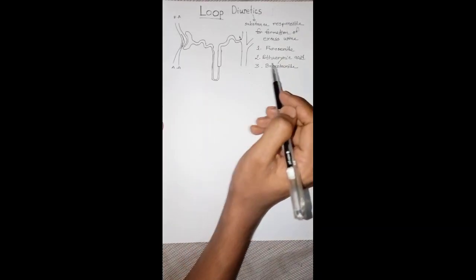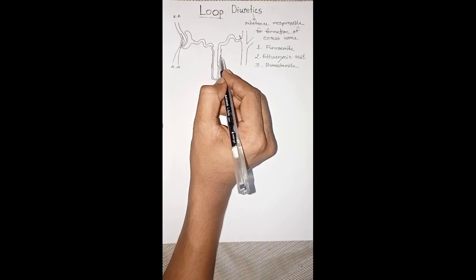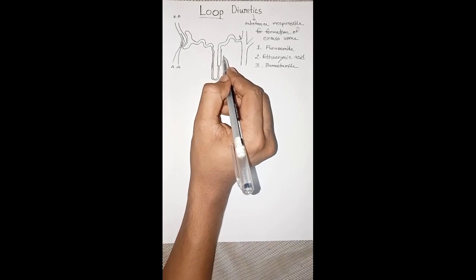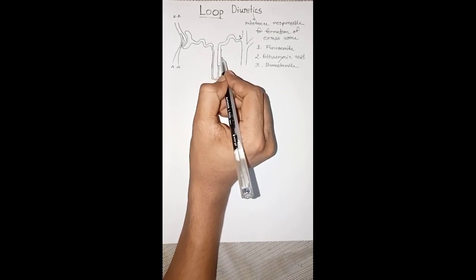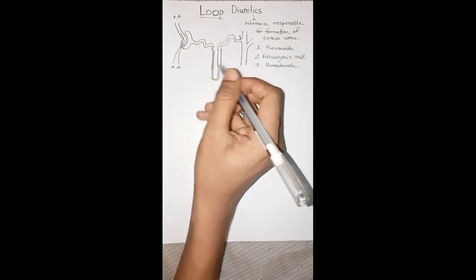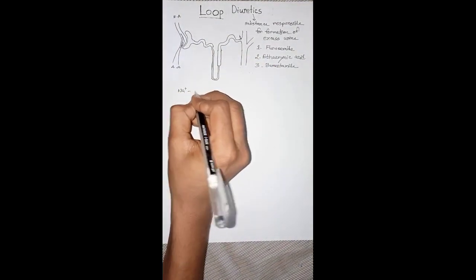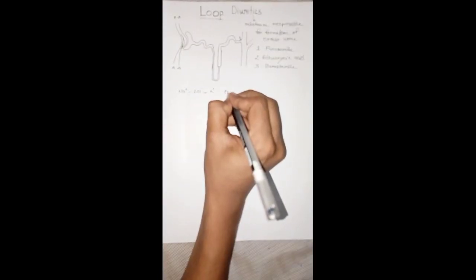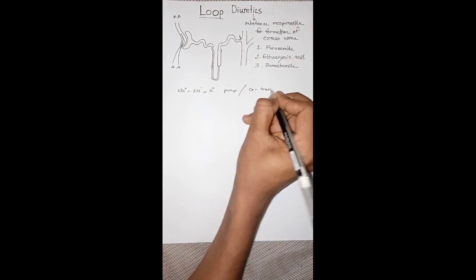So what happens in the thick ascending loop of Henle? There occurs a process called the sodium, 2-chloride and potassium pump, or co-transport process.